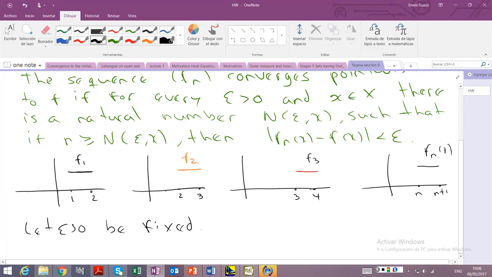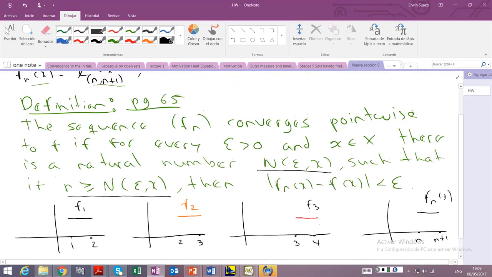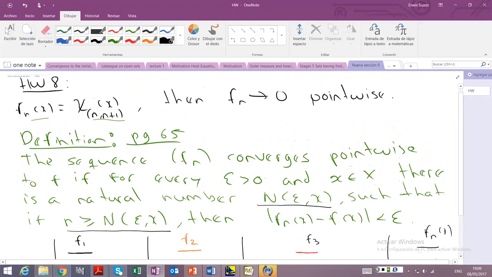So you fix your epsilon, and fix x belongs to X. There is a natural number N, so that's our job: find this N, so that if the small n is bigger or equal than this capital N, then the difference is less than epsilon. So we know this guy is f.